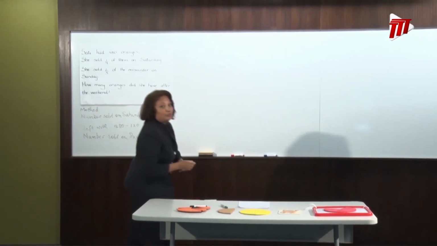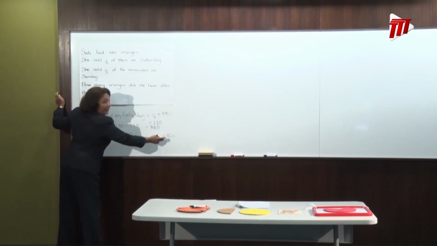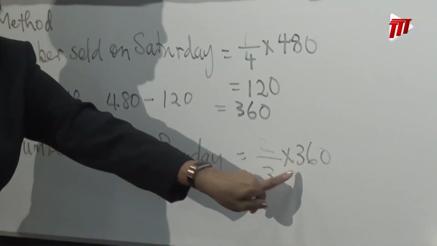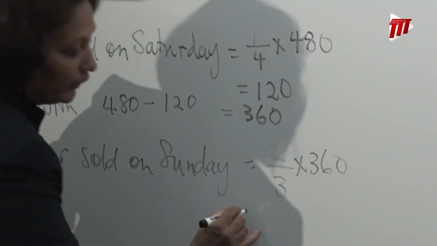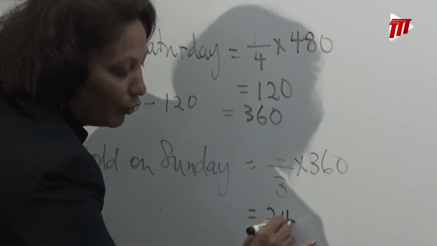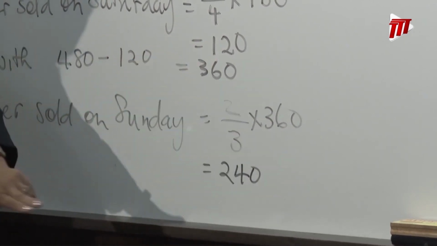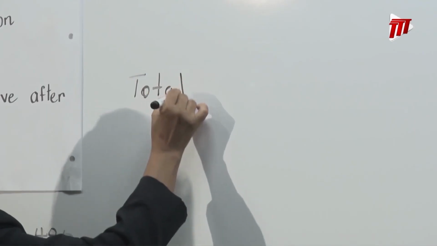All right, so 2/3 of your 360. 3 into 36 would give me 12. But it's 12 with a 0, so we have 120 by 2 would give me 240. So on Saturday, she sold 120. On Sunday, she sold 240.